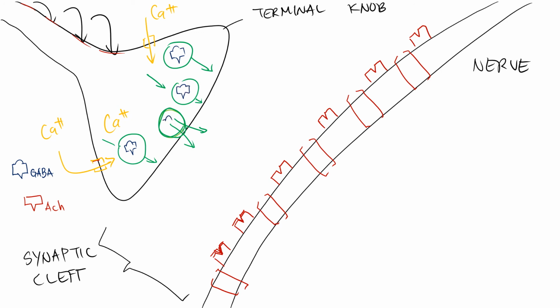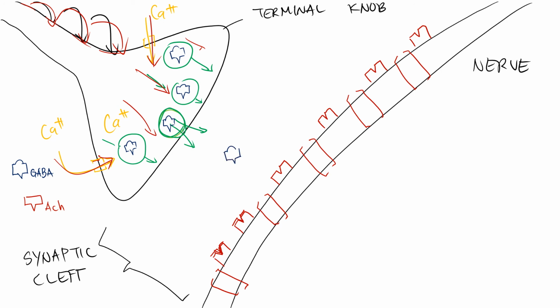So let's say this is your nerve cell that wants to inhibit another. Again, there's progression of your membrane depolarization. Once it reaches your terminal knob, calcium comes in. Your vesicles will migrate to the tip and spit out your neurotransmitter.